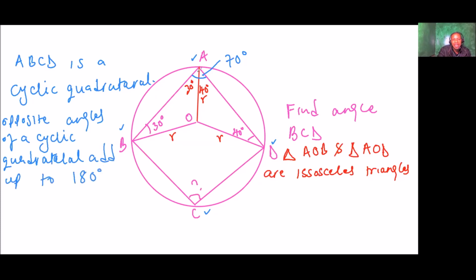So it means this angle here and this one add up to 180, and therefore we can get our angle BCD is equal to 180 degrees minus 70 degrees, and this will give us 110 degrees. So you get that right. So that is one way we can do online classes.